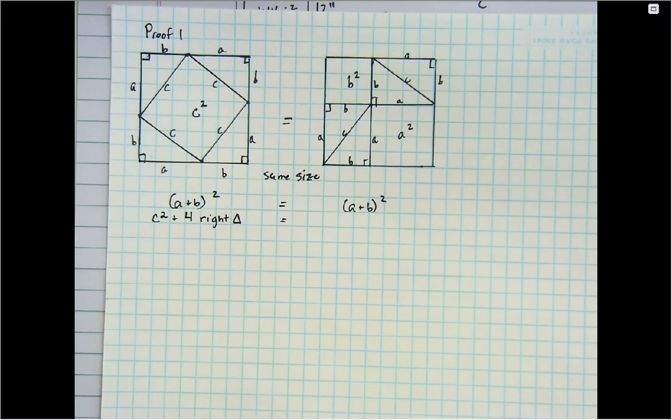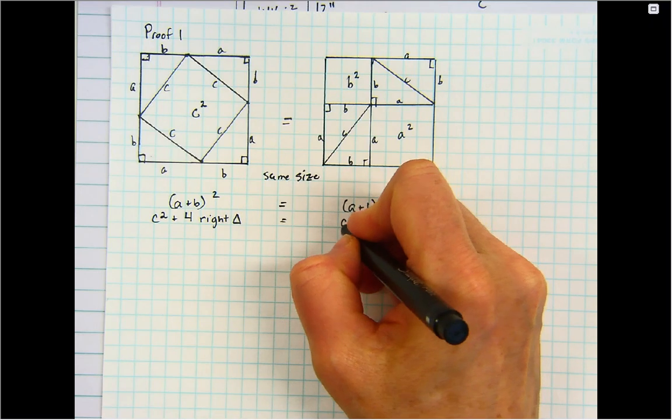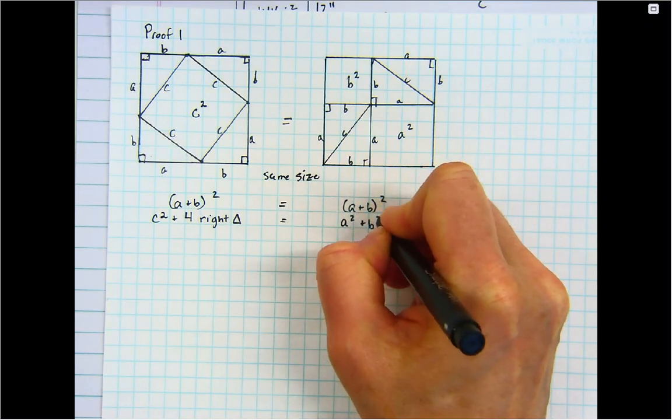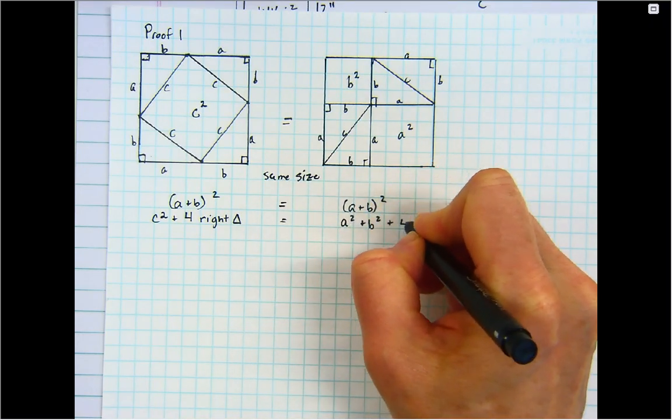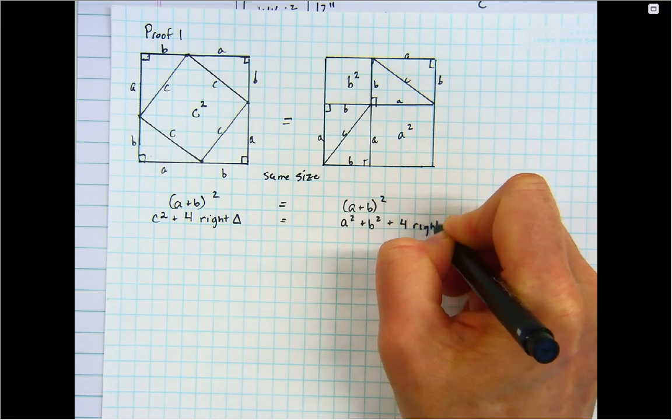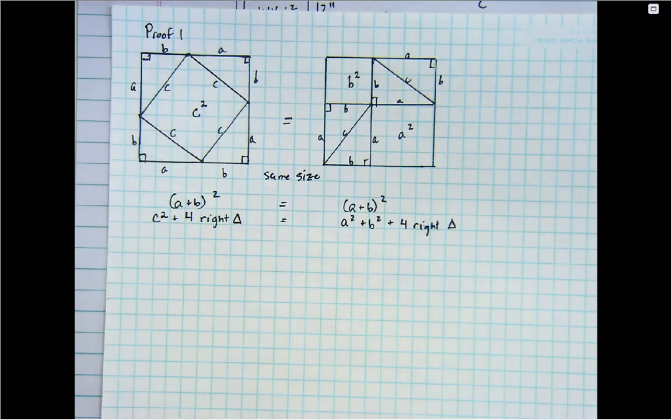Whereas the other square, which is the same size, that's made up of the empty a squared and b squared plus the 4 right triangles. Now we have to let our readers know that these 4 right triangles are the same size.